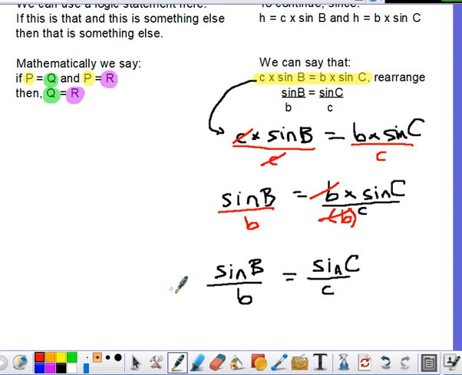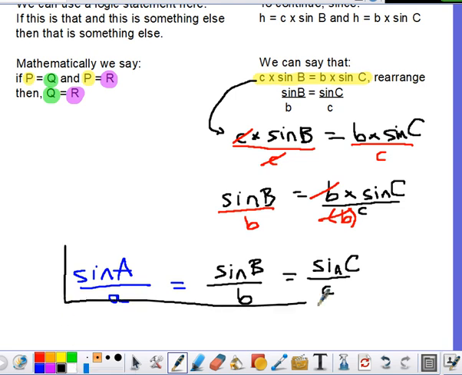This is also true for sine A over A. So the sine of an angle divided by its opposite side length, all the ratios for that are equal in every single triangle.